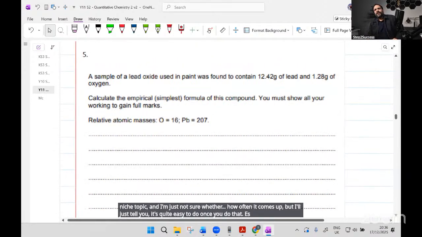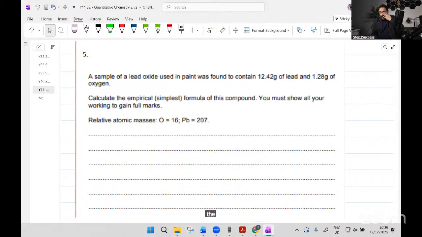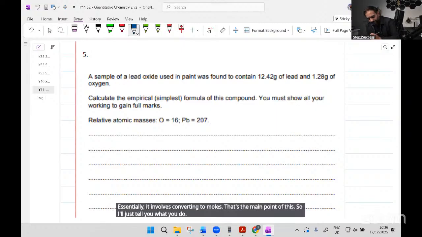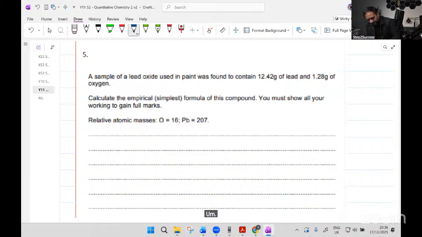Essentially, the idea of this is, it involves converting to moles. That's the main point of this. So I'll just tell you what you do. Lead oxide is made up of some lead and some oxygen.